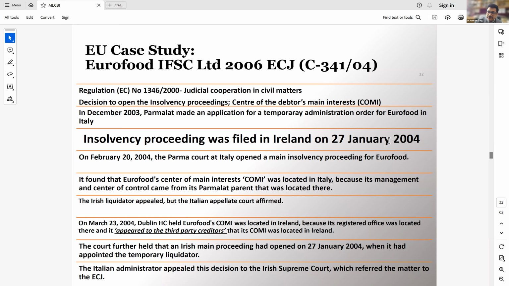So it's not sufficient that there is the registered office, but it should also appear to the third party creditors that the COMI is in Ireland, which they have reflected in their loan agreements. In the loan agreement, they have entered into the dispute resolution clauses, the choice of law clause or the governing law clause, and so on.